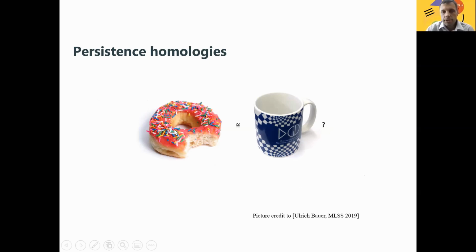Topology is a special discipline in which, it's an interesting joke, for topologists, this stuff and this cup, they are the same, because you can use a nonlinear transformation to get this cup from this Dunkin' Donut, right?